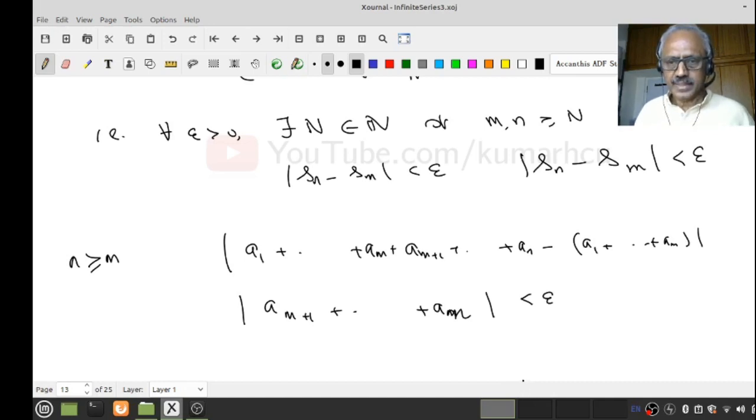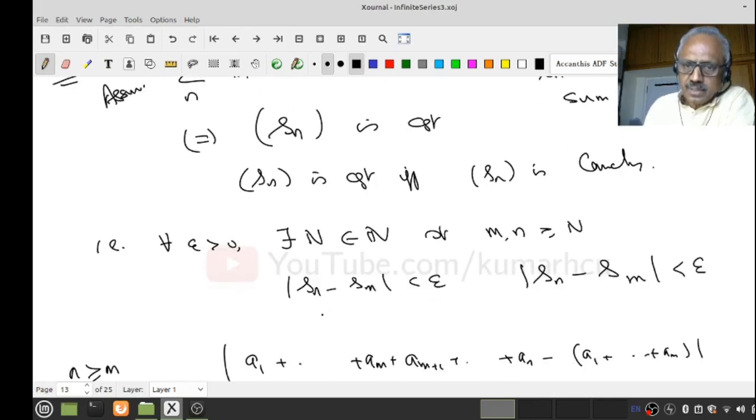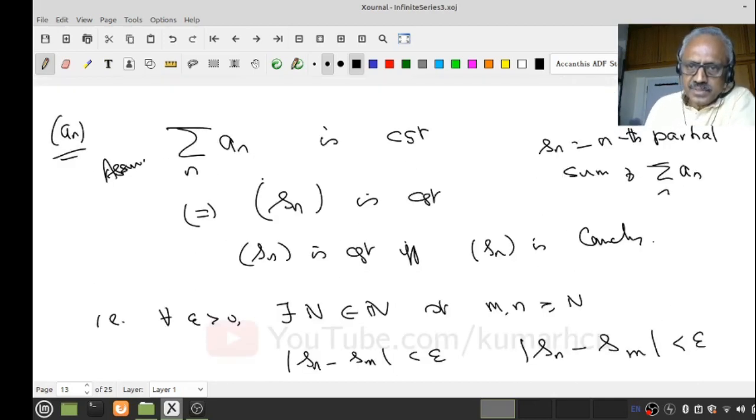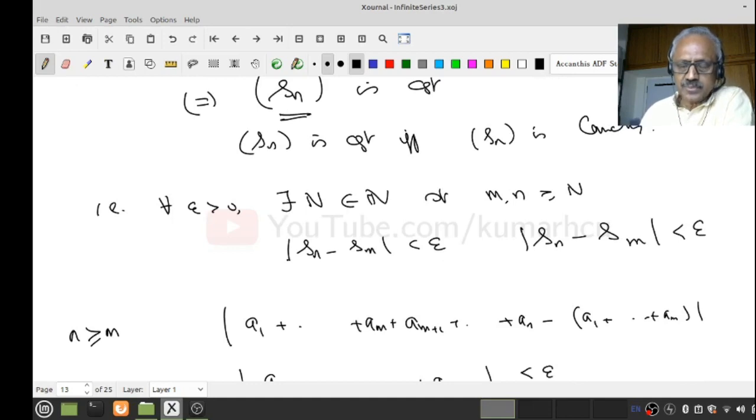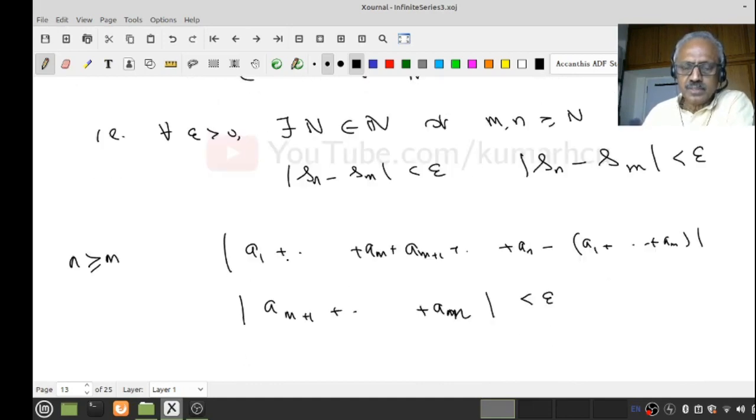Do you follow that? So I have an infinite series, and it is convergent if and only if the sequence of partial sums is convergent. But the sequence of partial sums Sn is convergent if and only if the sequence Sn is Cauchy. That means for every epsilon positive there exists a natural number N, so that for all m and n greater than or equal to N, modulus Sn minus Sm is less than epsilon.